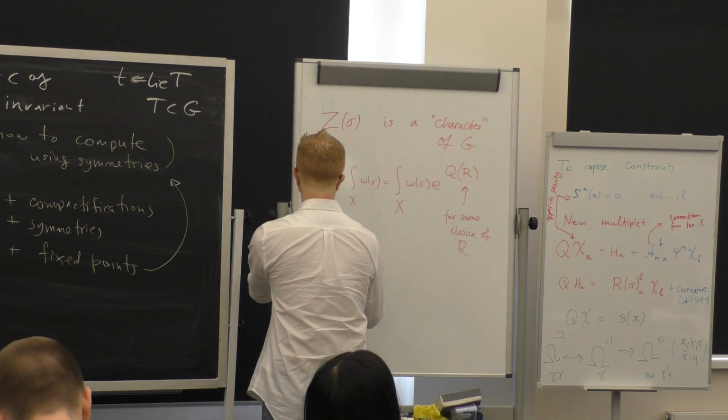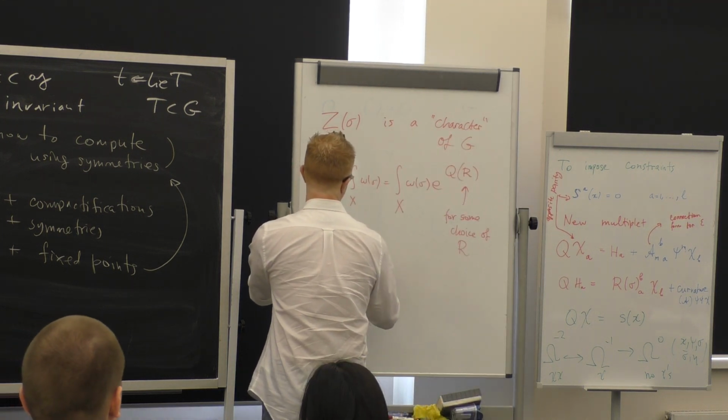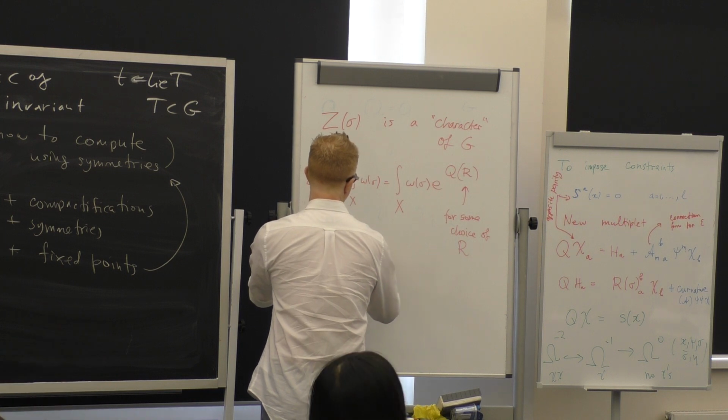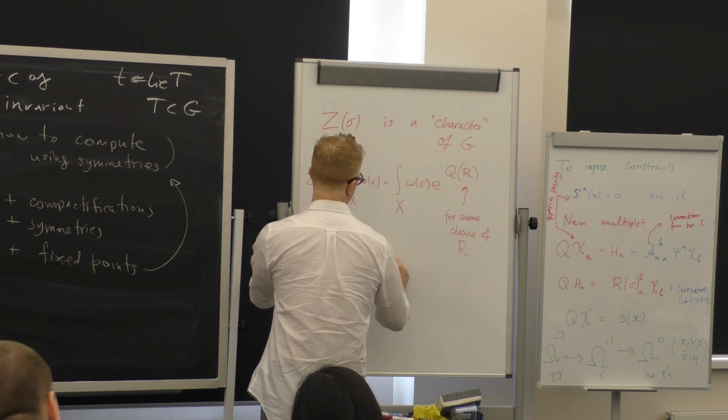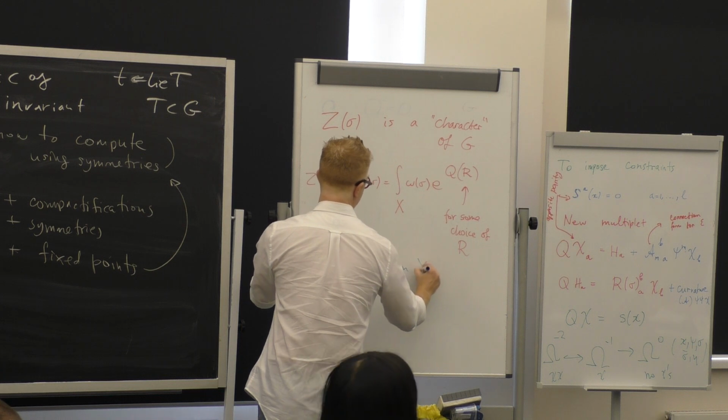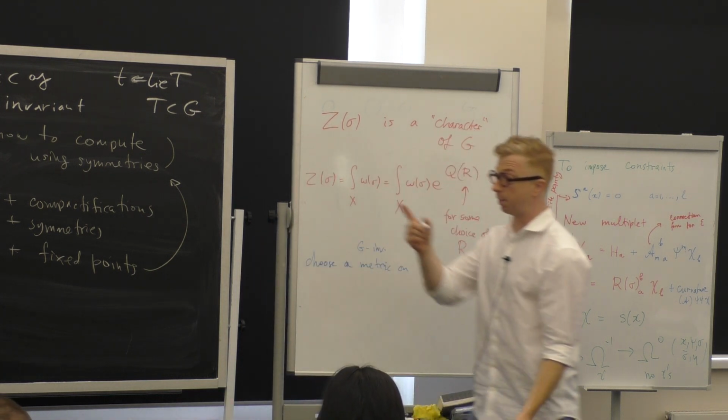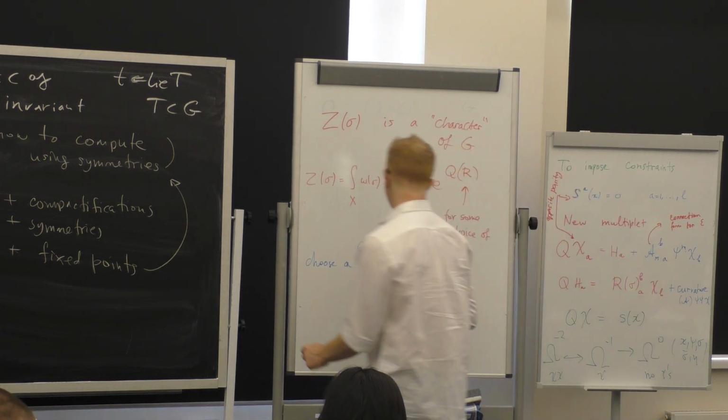So choose a G invariant metric on X. If G is compact, we know it exists.